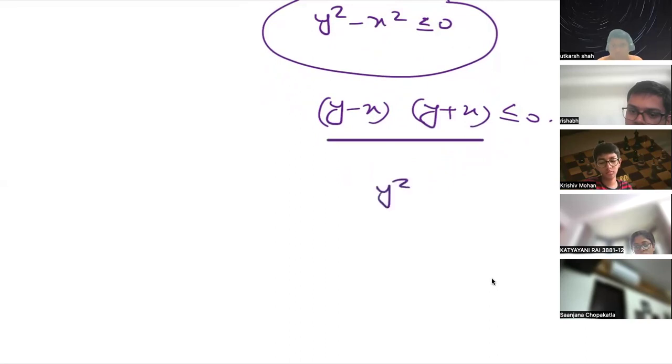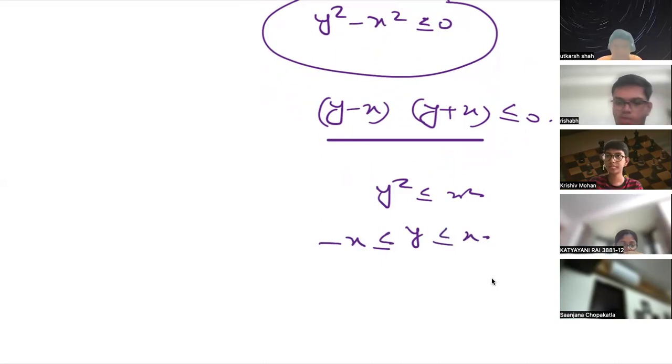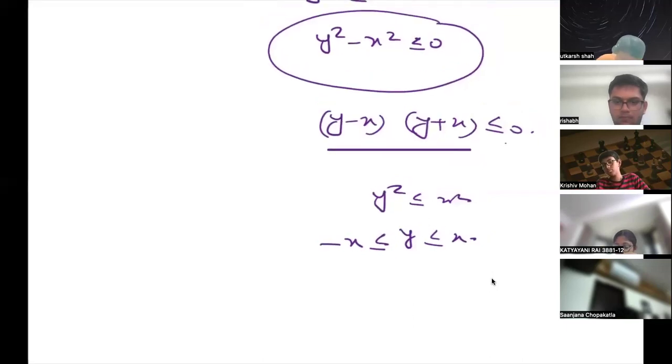Or I can say y square less than equal to x square, means y is lying between minus x to plus x. This product is less than 0, so one number will be positive, other will be negative. This is possible when y is lying between minus x to plus x. Is this okay, everyone?